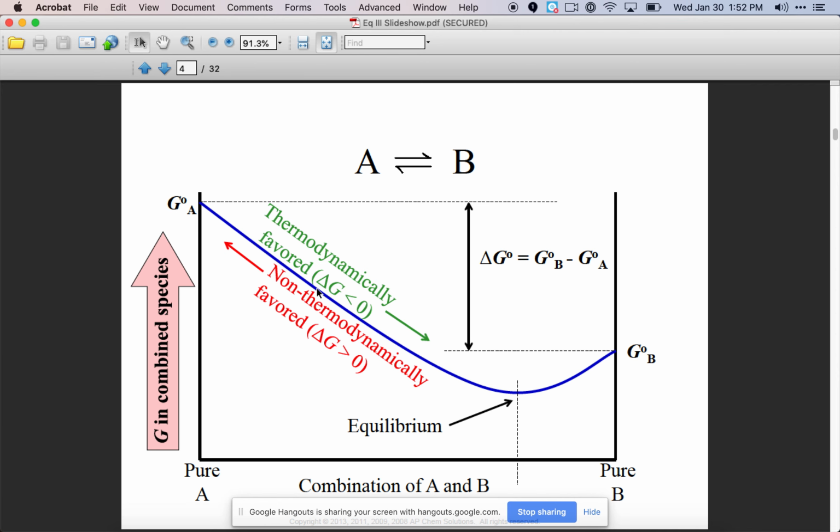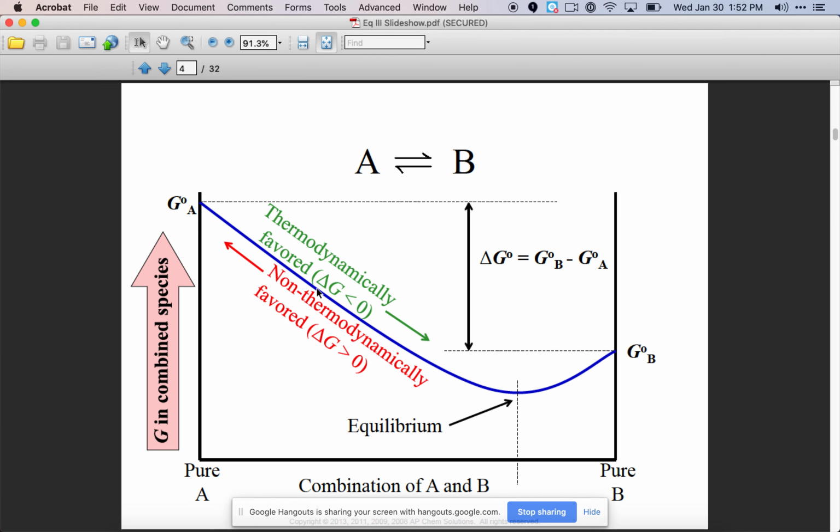In this slide, they could give you a graph or a chart like this where you see that the reactant on the left-hand side is higher in energy than the product on the right-hand side. That's why delta G is negative.